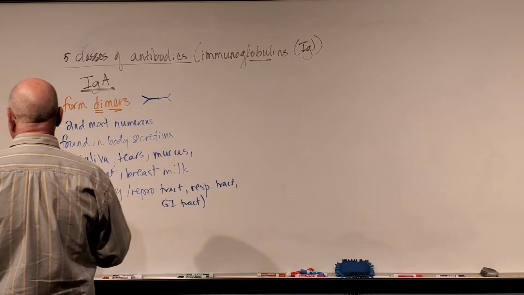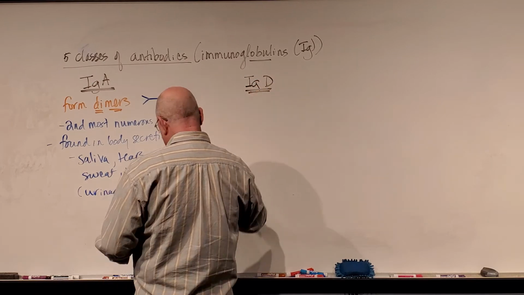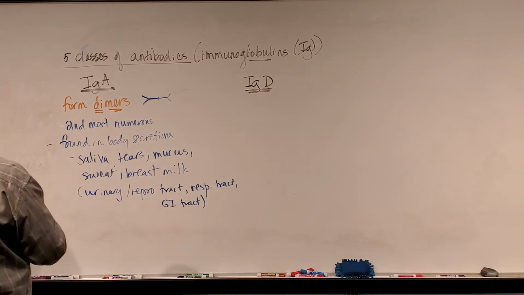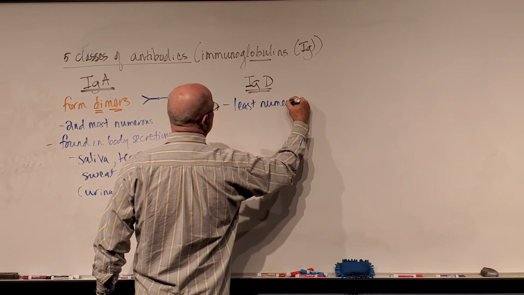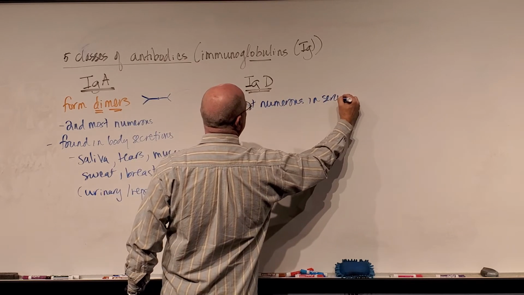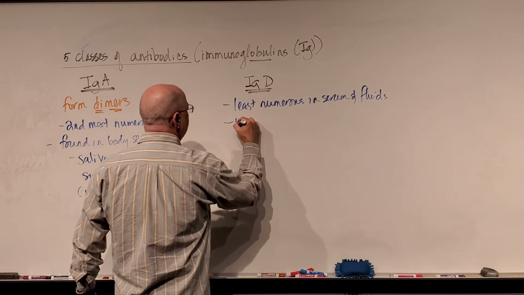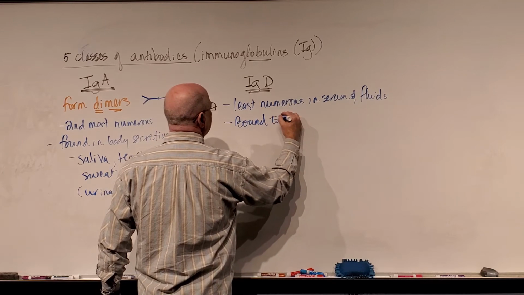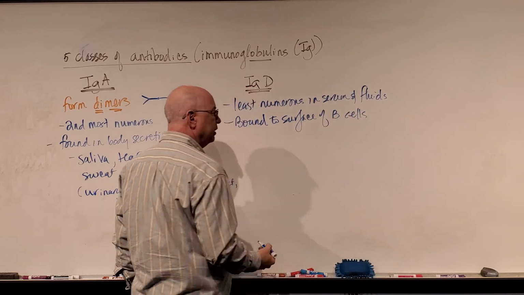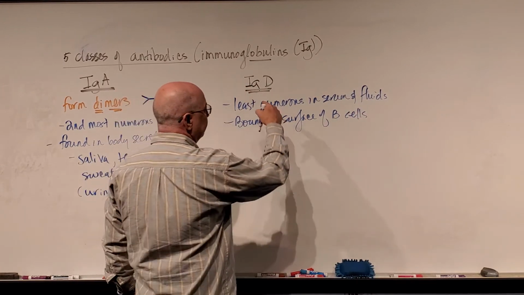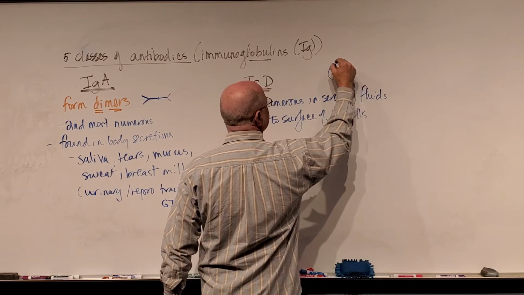The second one I want to talk about is IgD. Okay? Immunoglobulin D. What we know about immunoglobulin D, it is probably the least numerous in serum and fluids. We don't find this one floating around in body fluids. They are bound to the surface of B cells. So the IgDs, their effector or constant region is embedded in the cell membrane of B cells.